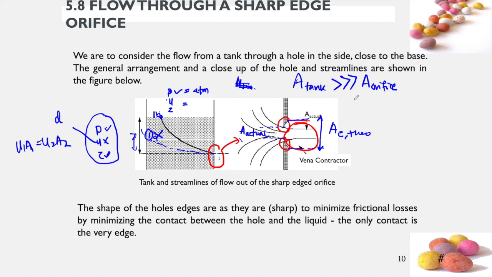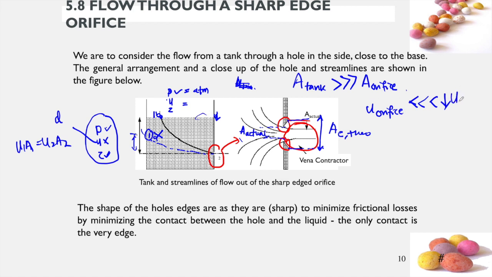If the area of the tank is too big compared to the area of the orifice, therefore the velocity at the tank will be much lower than the velocity at the orifice. The level of the fluid reduces every time, so the velocity at this point would be less.